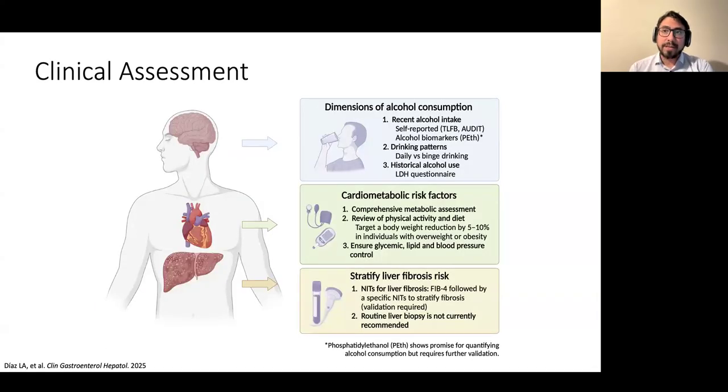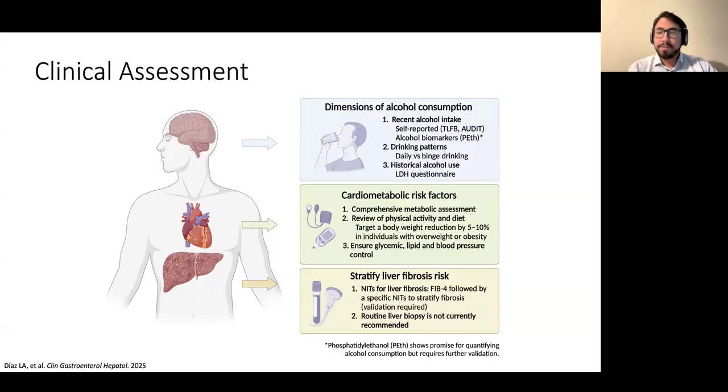It's also important in a clinical assessment in this population to rule out not only medications, but also alcohol intake. As I mentioned before, 55% of the population could have an underreport of alcohol use.